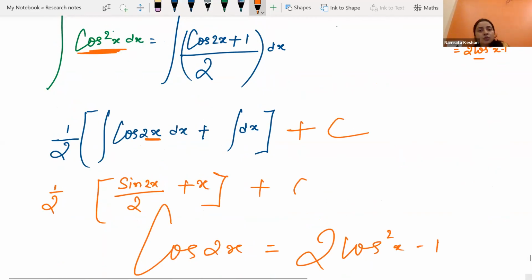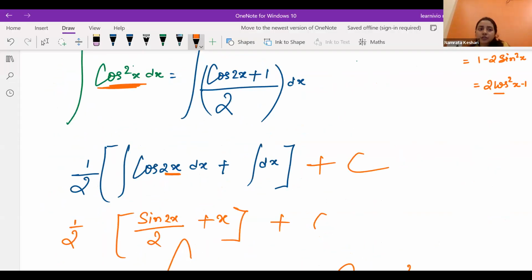So have you learned something new? In the inverse trigonometric functions chapter, you used the identities for simplifying so many questions, right? So here we are not doing something new.